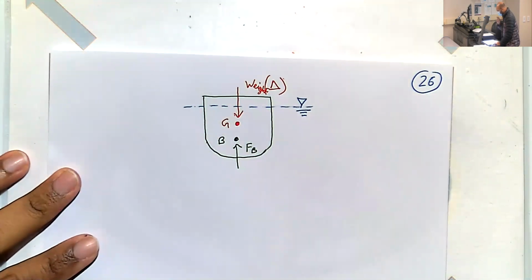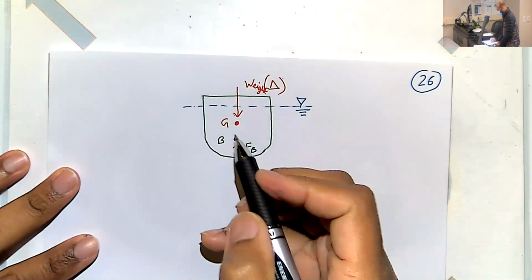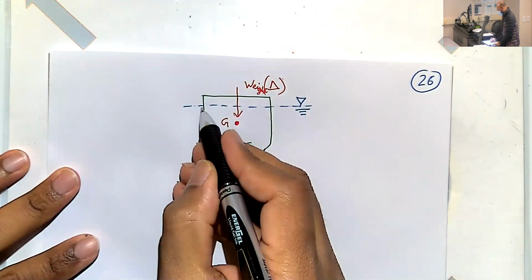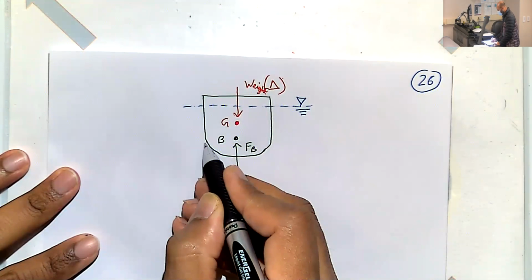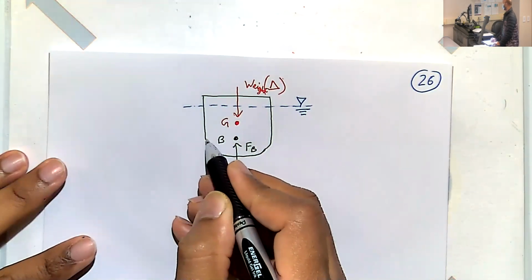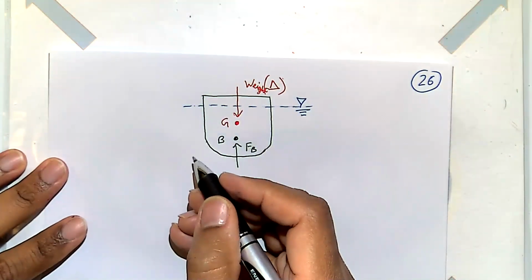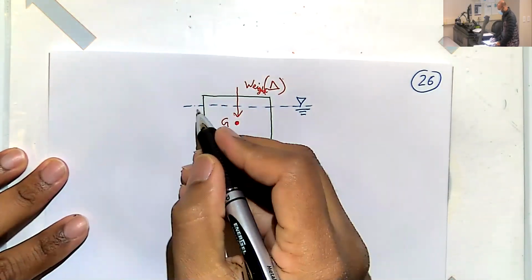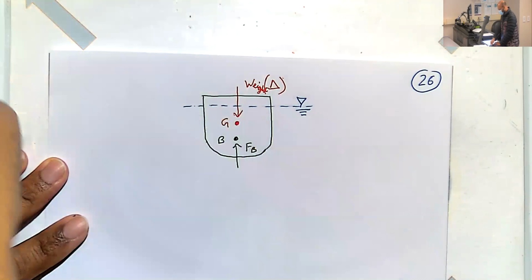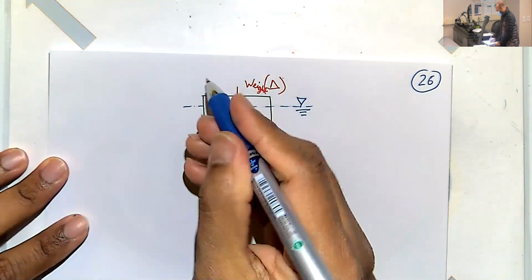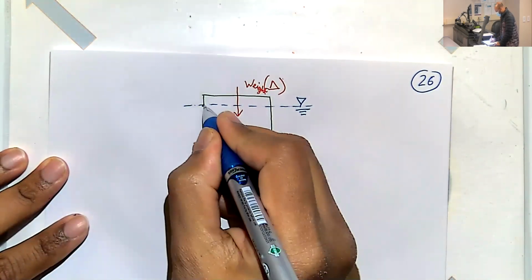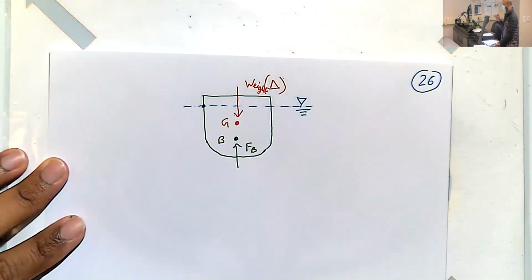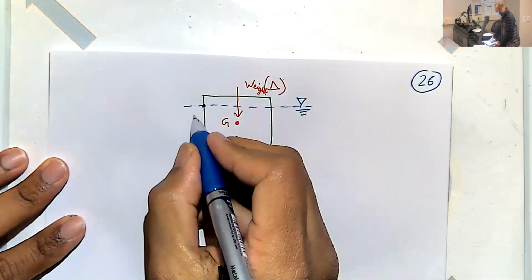water, from fluid mechanics, do you remember how the pressure changes with depth? What will be the pressure here compared to the pressure here? It would be rho gh. Okay, rho gh. And let's say the pressure at the water line is 0. Of course, the absolute pressure is not 0, it's atmospheric pressure, but we only care about the gauge pressure.